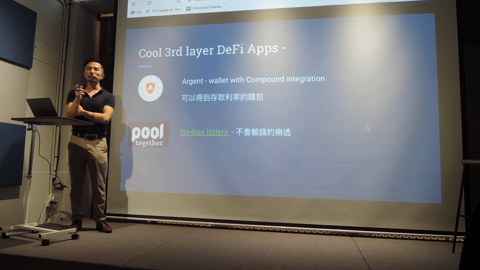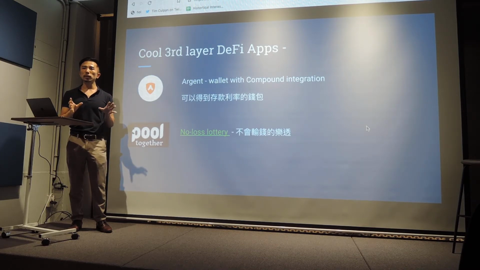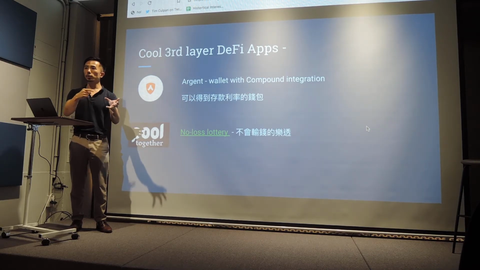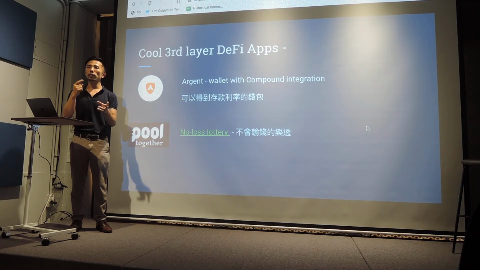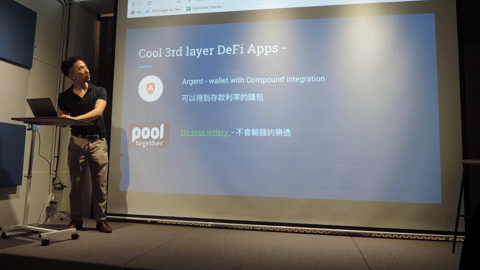And the way it works is that a bunch of people buy lottery tickets, and then there's a pool of money, and that pool of money gains interest, and then the winner of that pool gets all that interest. Let me show you guys real quick.